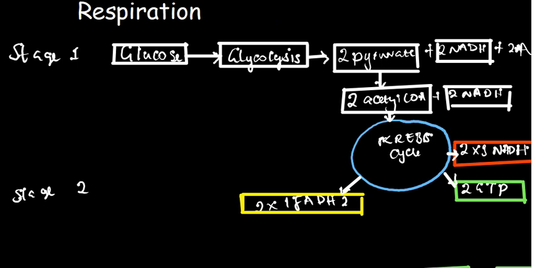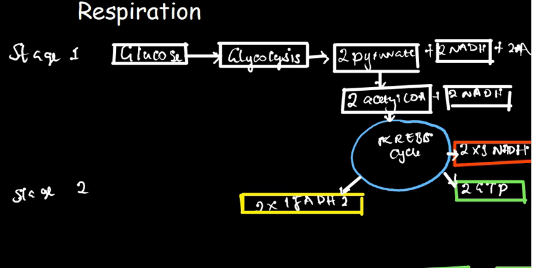The next thing that we're going to talk about is the energetics of aerobic respiration. The first component we talk about is glucose. Glucose goes into glycolysis.